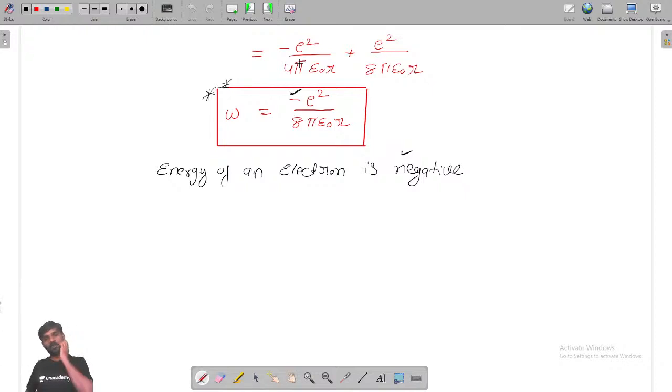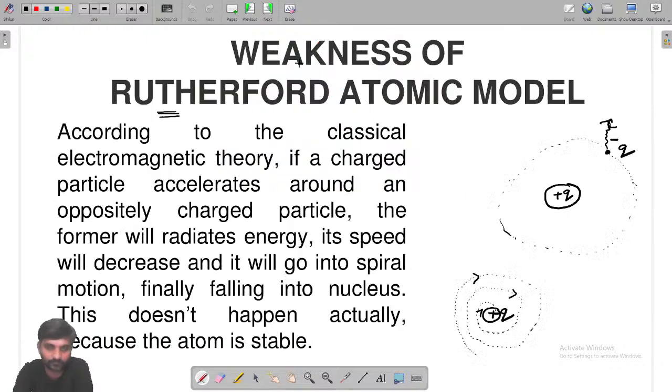That is going to be W is equal to minus e square by 4 pi epsilon naught into r, which is the energy of an electron, and it is negative. So when the electron is moving away from the nucleus, its energy increases. When the electron is coming towards the nucleus, its energy will decrease.